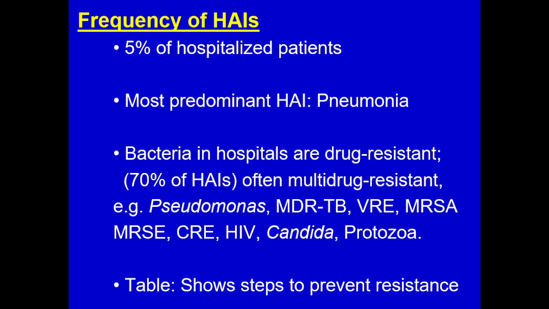Could be more than 5%. The most predominant HAI is pneumonia. Patients come to the hospital to do an elective operation, and he may get pneumonia from hospitalization, and so forth. Other diseases, we will see in the rest of the lecture.